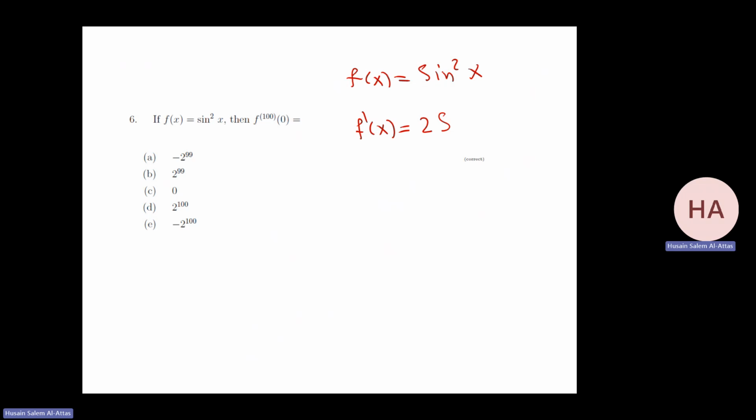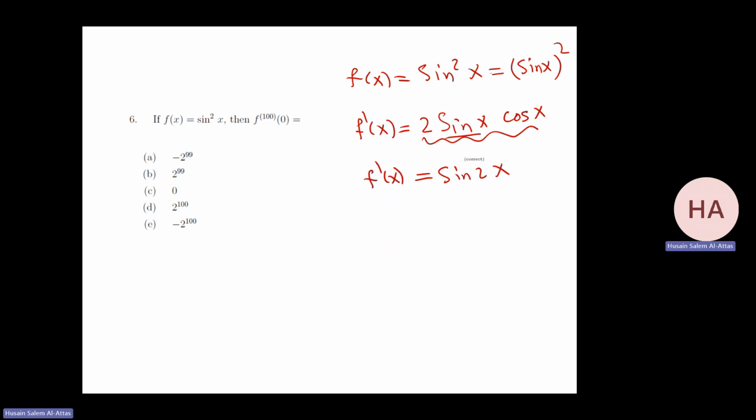Its function, something is squared, so it is sine x all squared. So it will be 2 sine x, derivative of sine x, which is cosine x. You need to figure out or remember what this is. This is sine 2x. Now we are done.